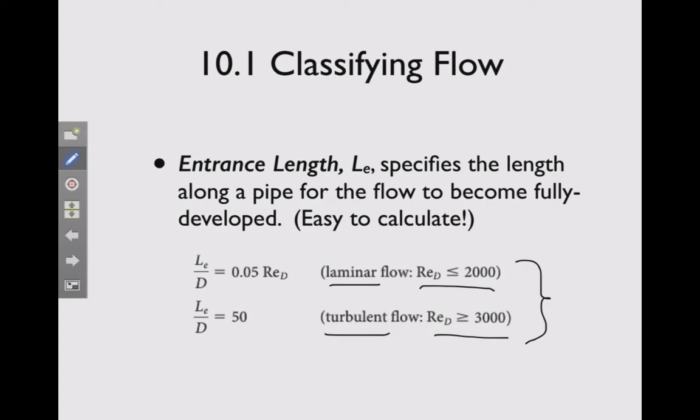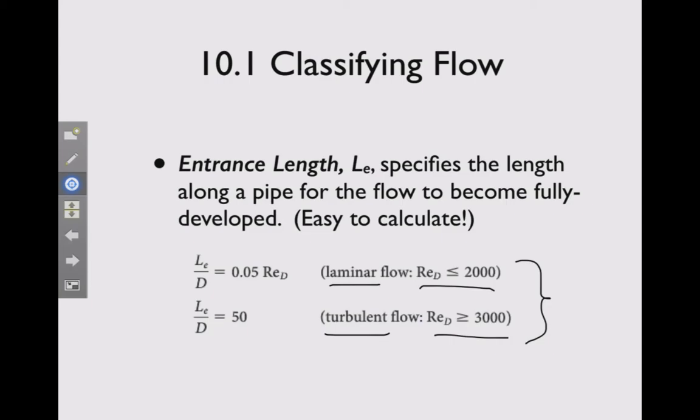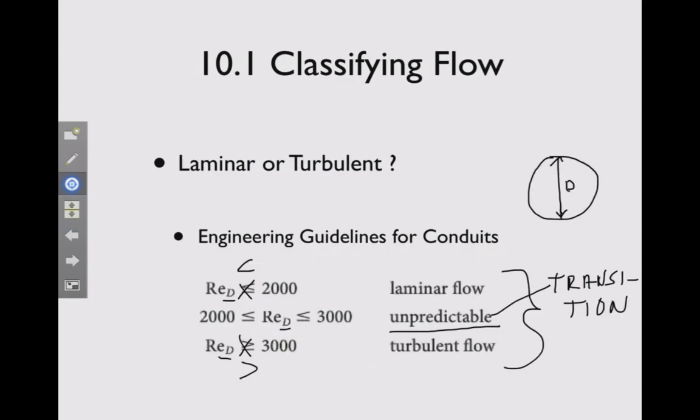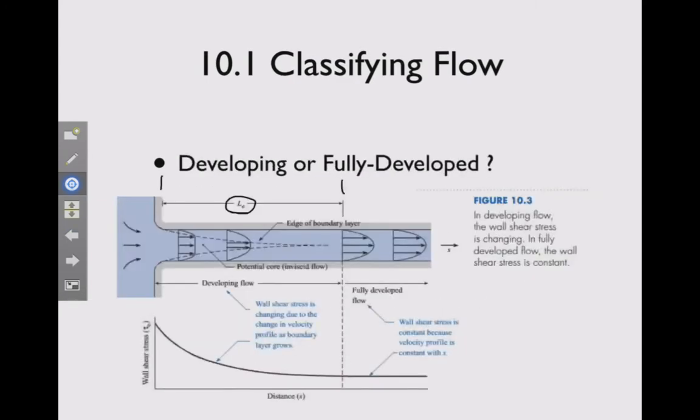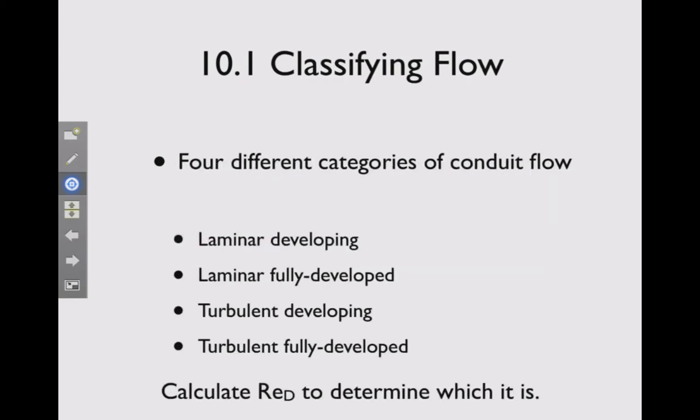So it's going to depend on the velocity in the pipe, whether it's turbulent or laminar. So we have a way of classifying between laminar and turbulent using these equations, and we have a way of calculating the entrance length to determine whether we're in a part of the pipe that's developing flow or fully developed flow.